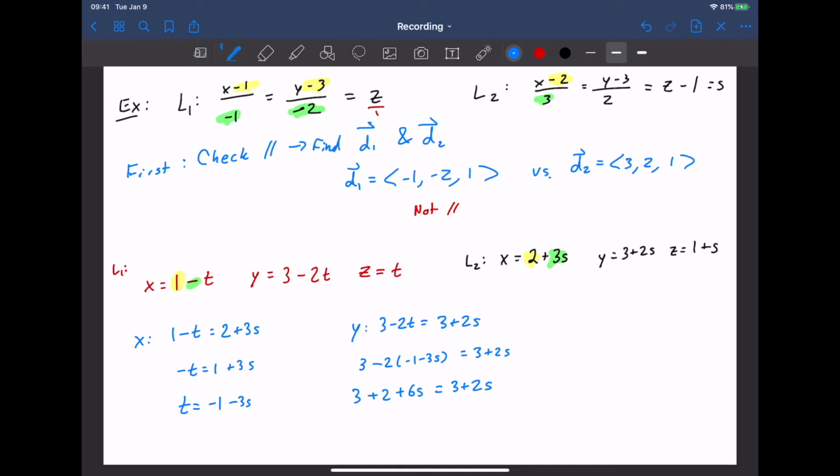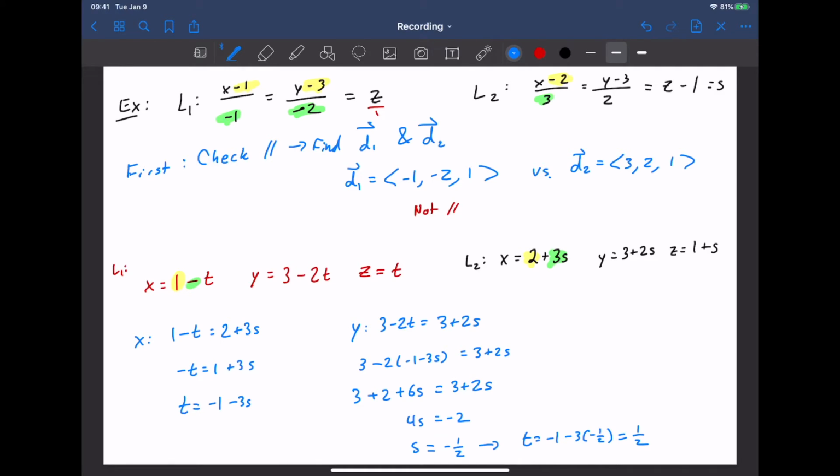Be careful with your s's that they don't turn into 5s. 4s equals negative 2. S equals negative 1/2, which would mean that t equals negative 1 minus 3 times negative 1/2. Whew. What a trip. I think t also equals 1/2. Well, sorry, not also. T is 1/2, s is negative 1/2.